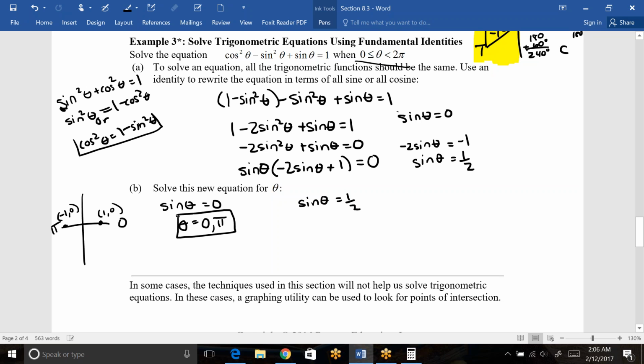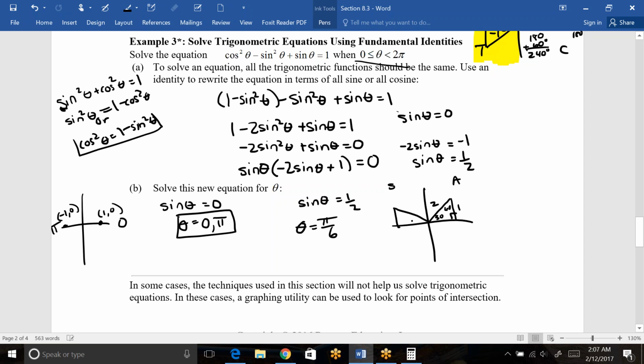So there's one set. Sine theta equals 1/2. First of all, sine is positive in quadrants 1 and 2. So it's going to be 2 solutions from those 2 quadrants. And 1/2, remember, relates back to opposite over hypotenuse. So this was the 30, 60, 90. In this place, where the 30 degrees is your reference angle, it is pi over 6.